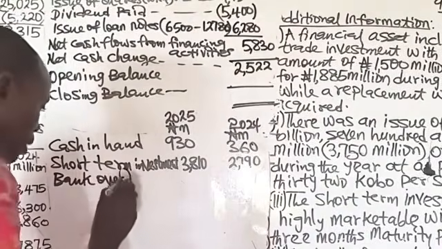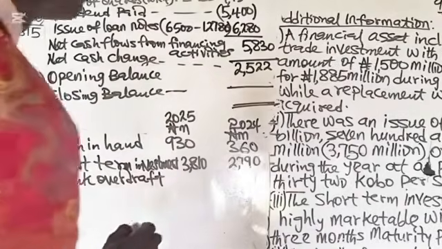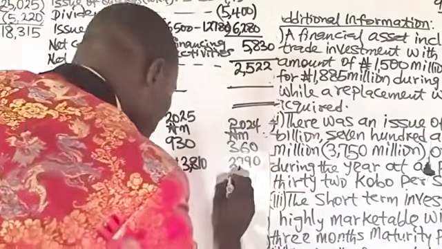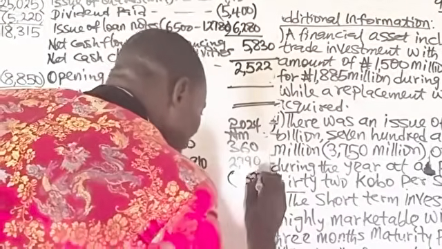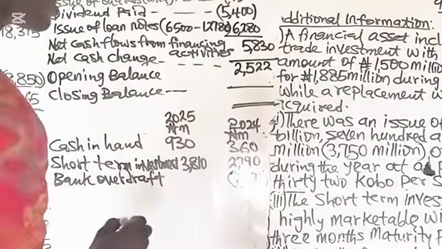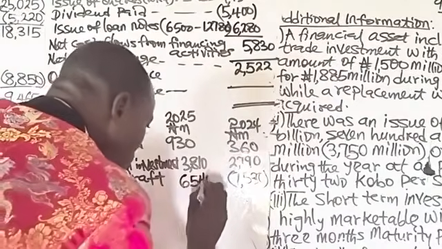The opening is 7530. Now, overdraft is negative. And the closing is 6540.